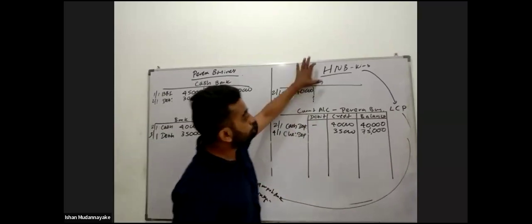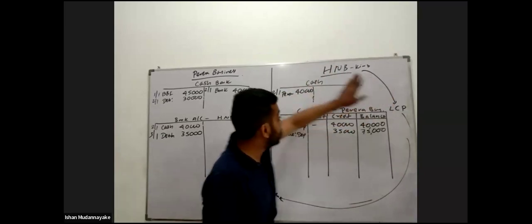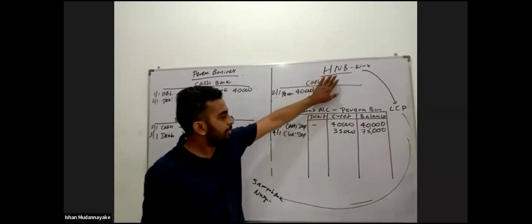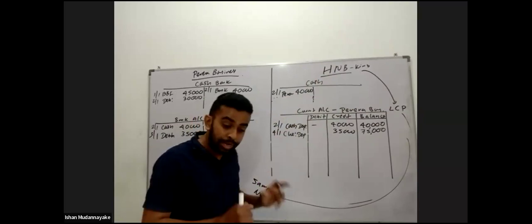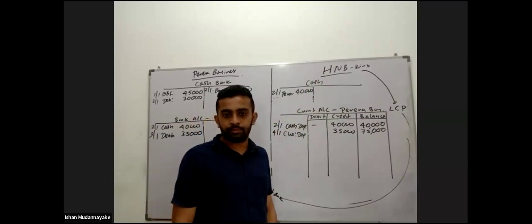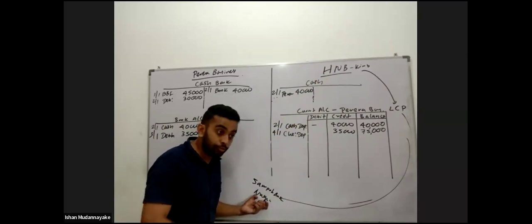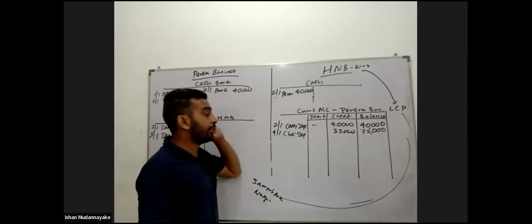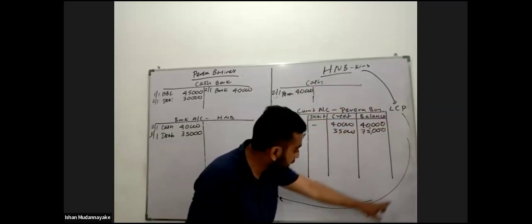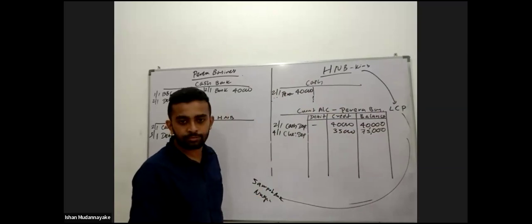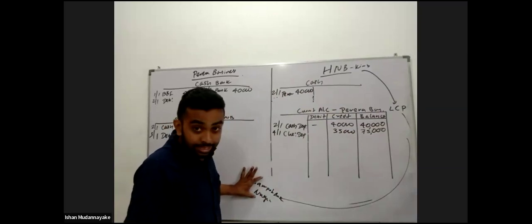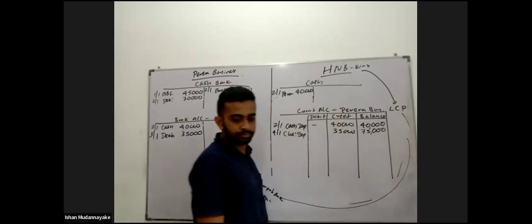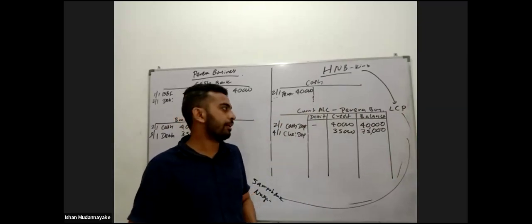It means through Lanka Clearing Private Limited, HNB Bank requests cash from Sampath Bank Nugegoda branch. HNB Bank asks Sampath Bank: this debtor maintains a current account in your branch, can you pay for this check?